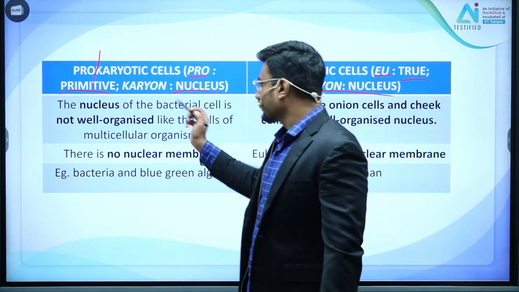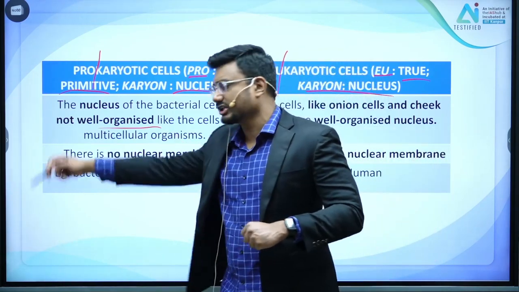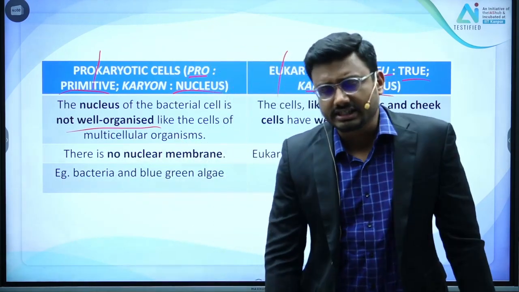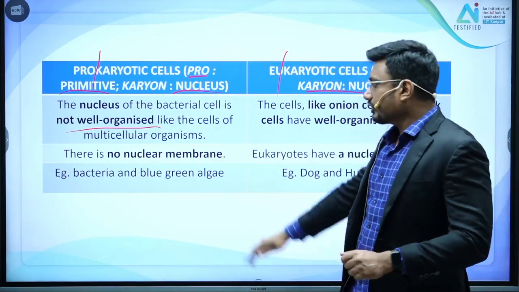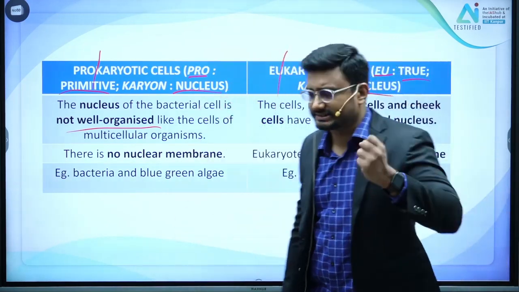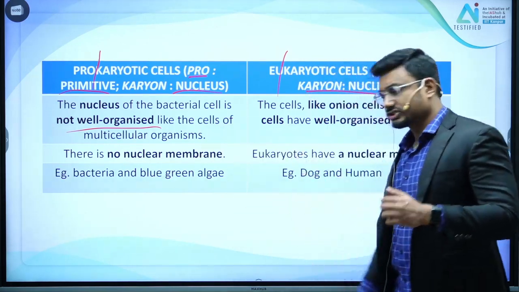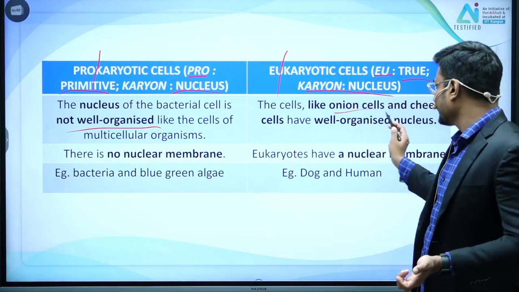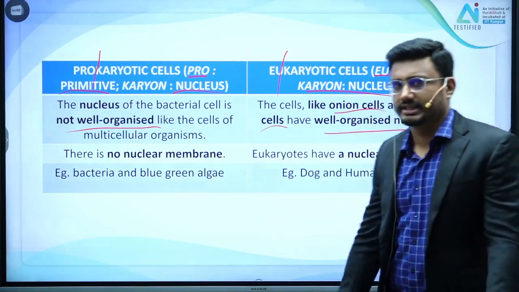The nucleus of the bacterial cells is not well organized like the cells of multicellular organisms. Mostly the unicellular organisms are prokaryotic. Whereas the eukaryotic cells, such as the onion cells and the cheek cells of human beings, have a well organized nucleus.